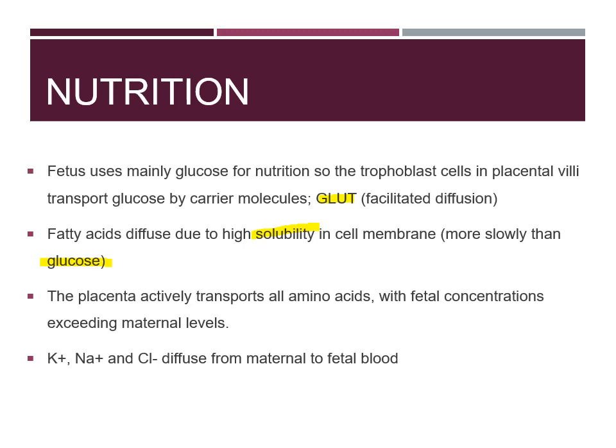The placenta actually also has active transporters for amino acids, with the fetal concentrations of amino acids exceeding the maternal levels. So that's why we have the active transporters for amino acids, not only the facilitated diffusion process.